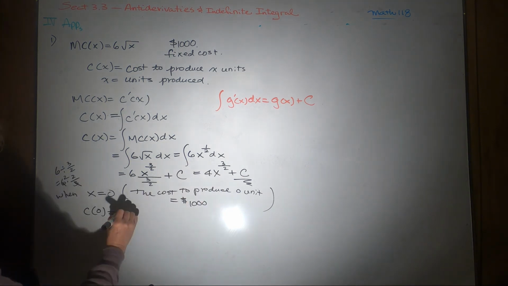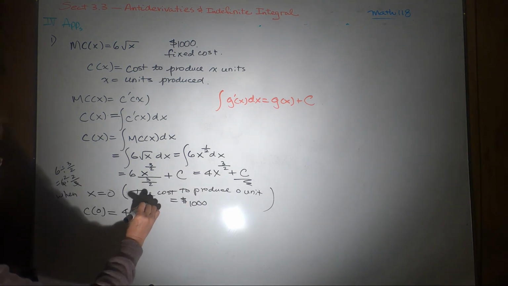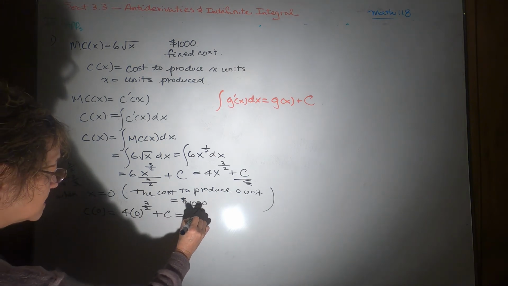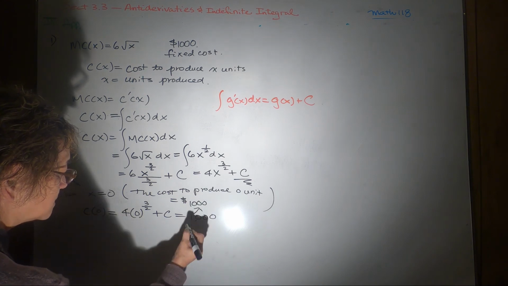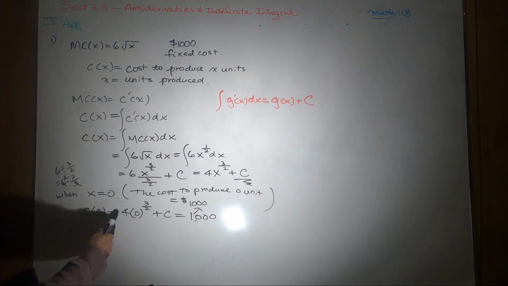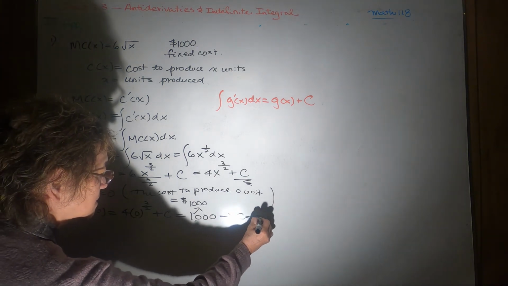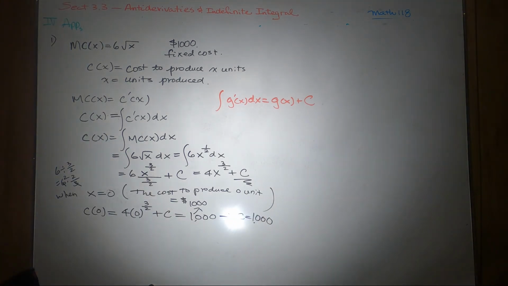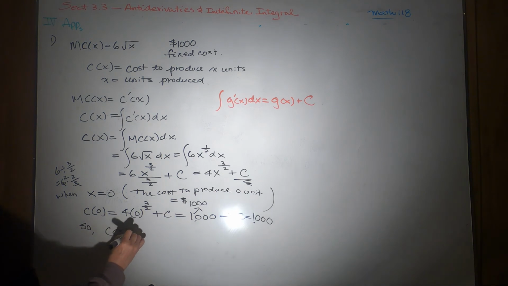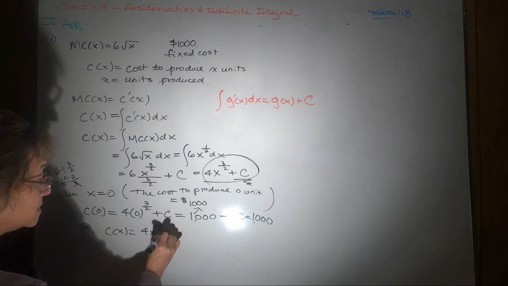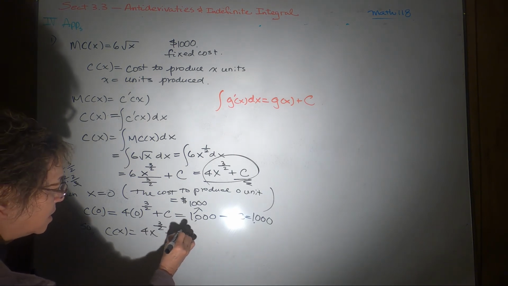You plug in 0 to the 3 halves, then plus C should be the same as your 1,000, right? 0 to this power is 0. So that means your C is 1,000, right? So your cost function should be 4x to the 3 halves plus 1,000.